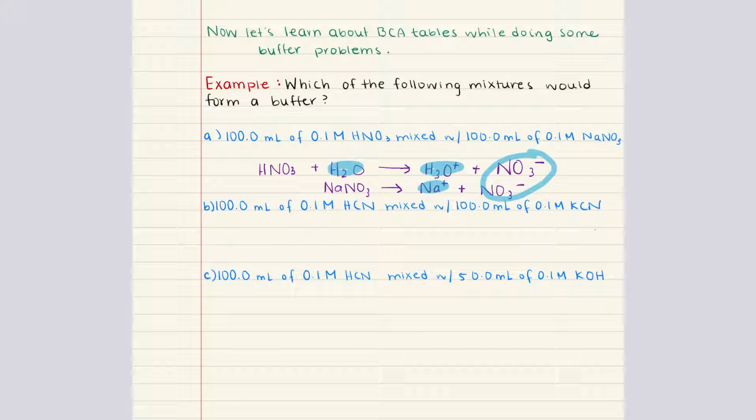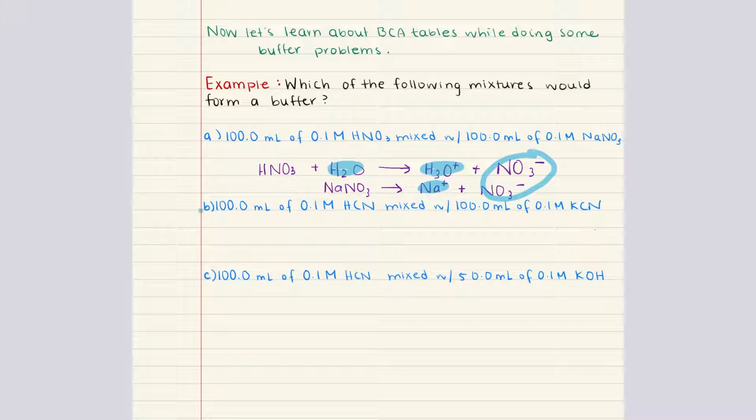Sodium and nitrate ions behave as spectator ions in acid-base reactions. So this mixture actually doesn't contain a weak acid or a weak base, and that means it's not a buffer. Actually, the mixture of a strong acid or a strong base with one of its salts doesn't form a buffer. So for part A, this mixture is not a buffer.